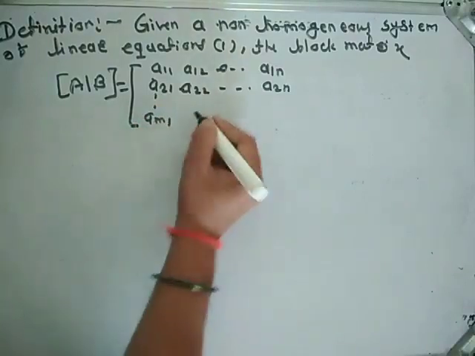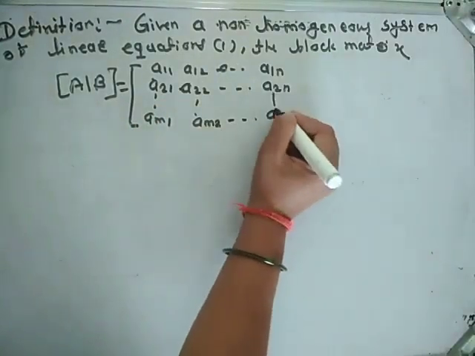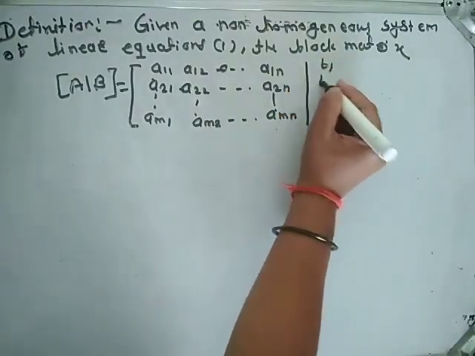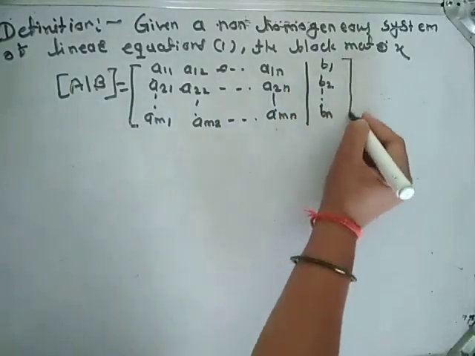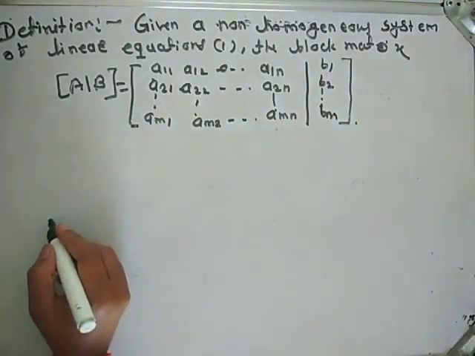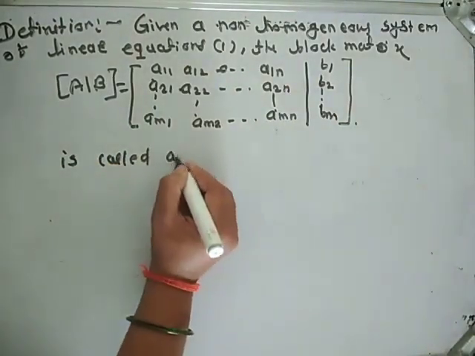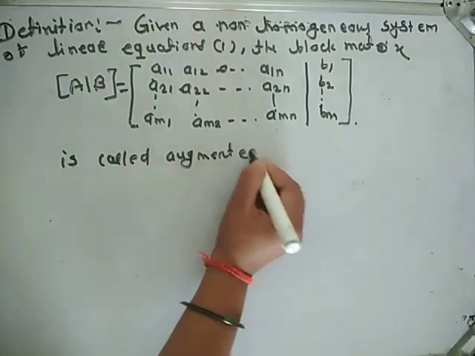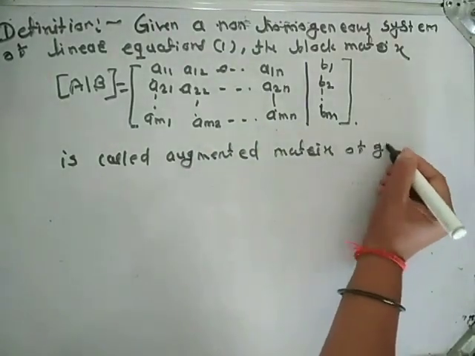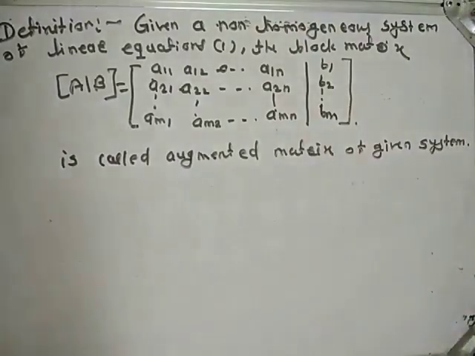This is up to am1, am2 and so on up to amn, here b1, b2 and so on up to bm is called augmented matrix of the given system. Okay.